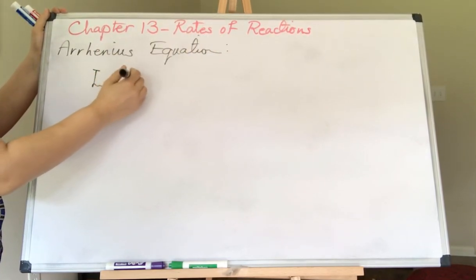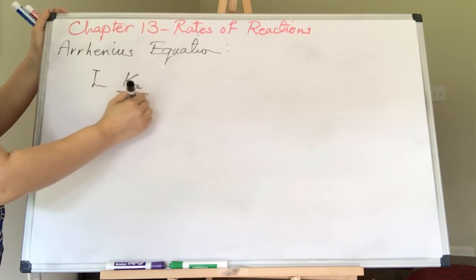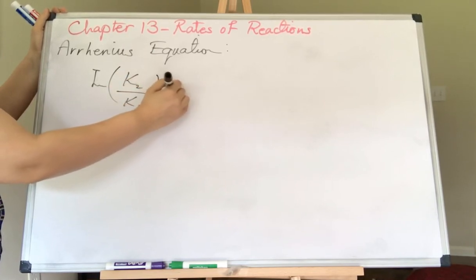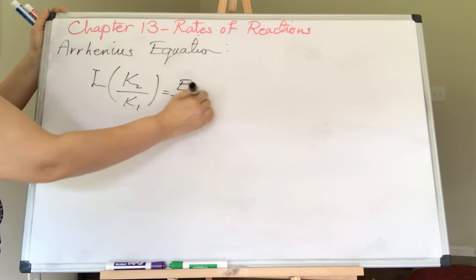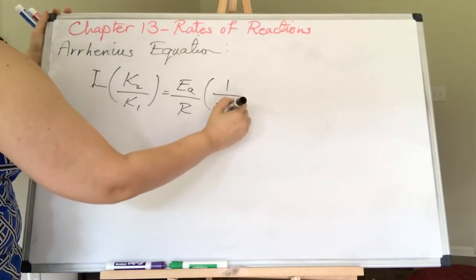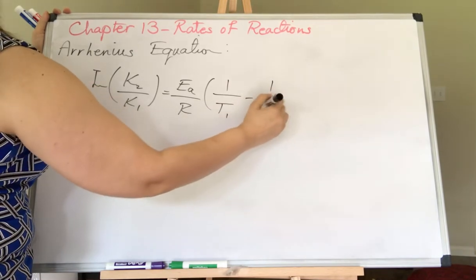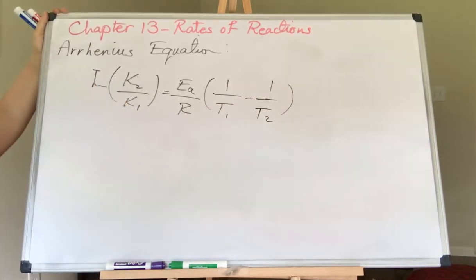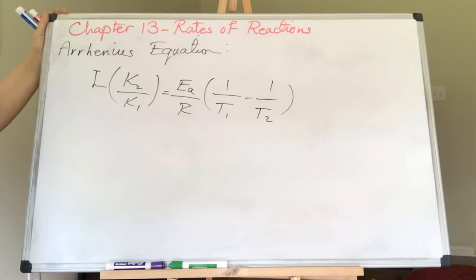Ln of K2 over K1 is activation energy over R. This will be given in the exam. This is how we calculate the activation energy or the rate constant.